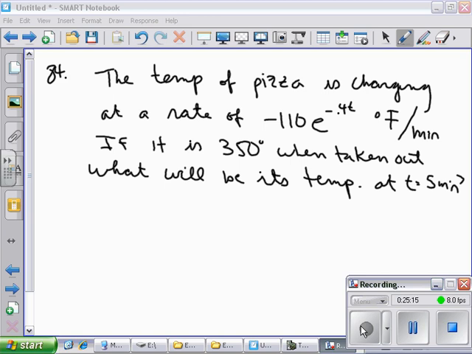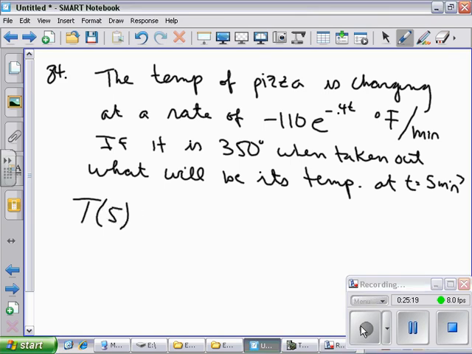Okay? So the idea is to get the temperature at 5 minutes. We're going to take the initial temperature of 350 and add to it the change from t is 0 to t is 5 of negative 110 e to the negative 0.4 t.